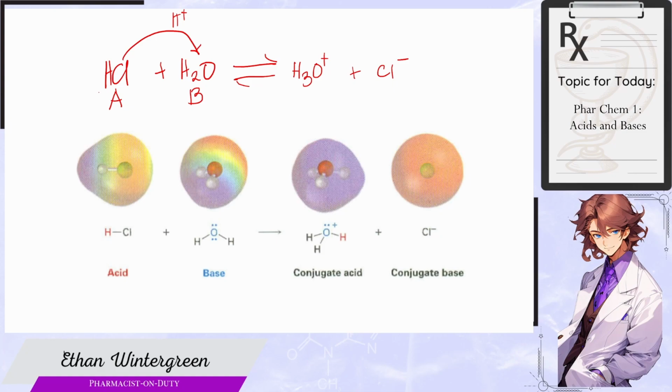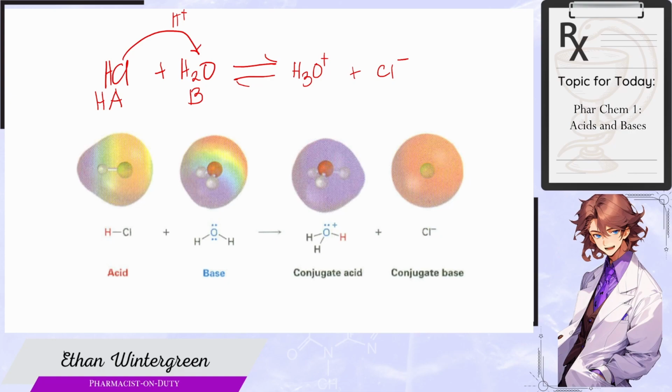Now this is the standard notation for an acid and a base. HA is our notation for acid. Please do not confuse it with A acid, B base, since it would be more confusing once we get to conjugate acids and conjugate bases.